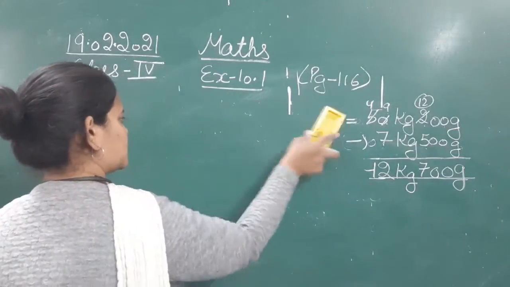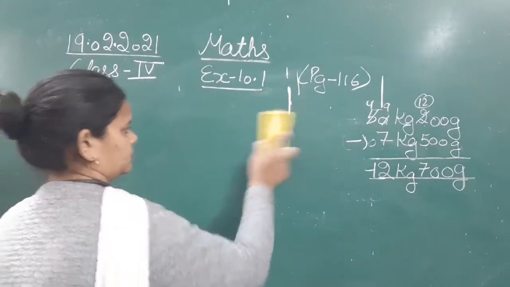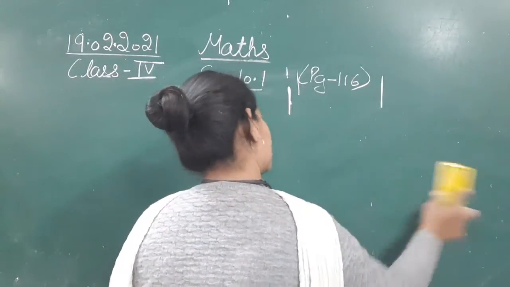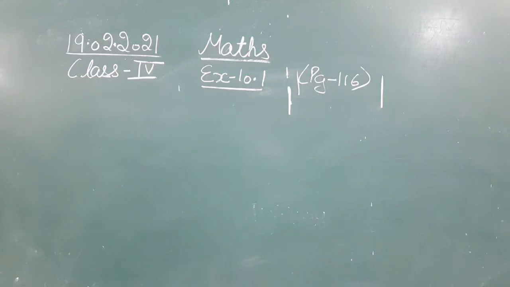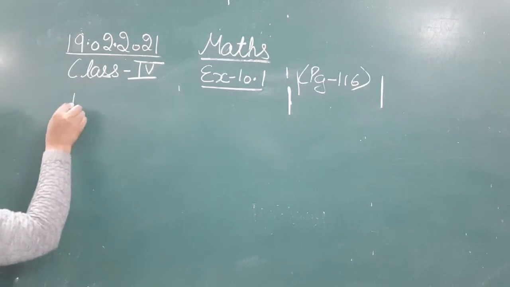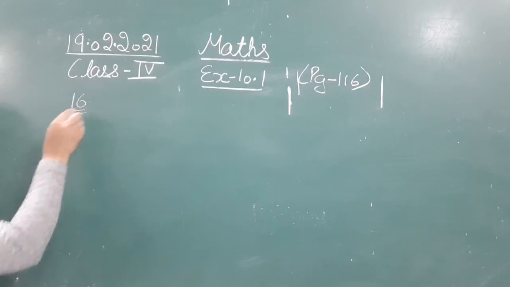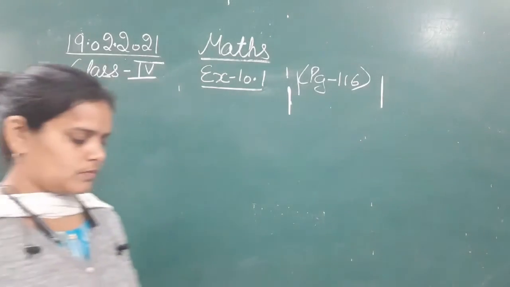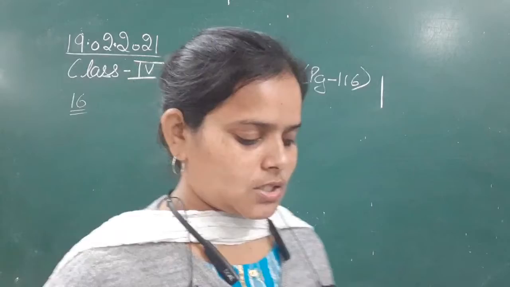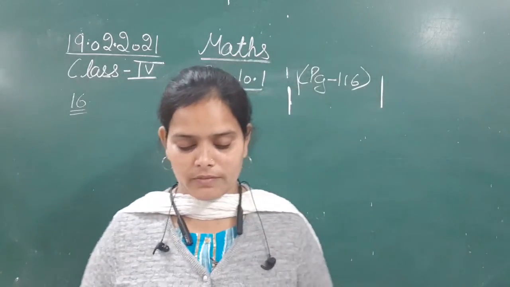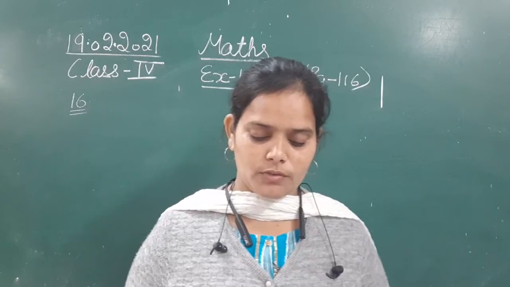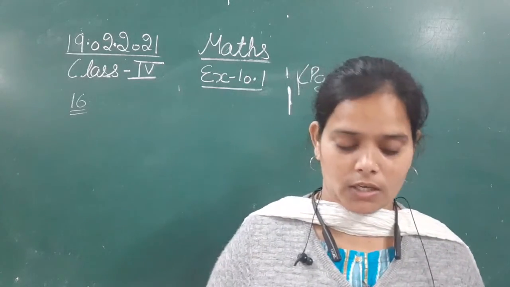Let's move to question number 16. Question number 16 is: Kiran weighs 20 kg 850 gram. Vimal weighed 12 kg 200 gram more than Kiran.